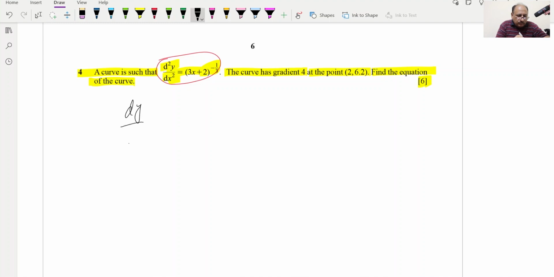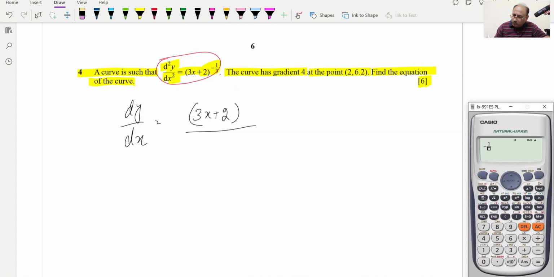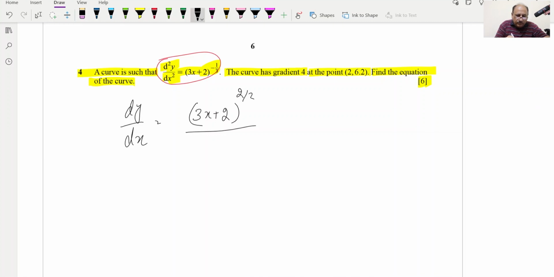So when we integrate, dy by dx is equal to the integral of 3x plus 2 raised to the power minus 1 by 3, so the power becomes minus 1 by 3 plus 1, which is 2 by 3, over 2 by 3 also, and the derivative of 3x is 3, so we write 3 over here, plus c because we are taking the integral.